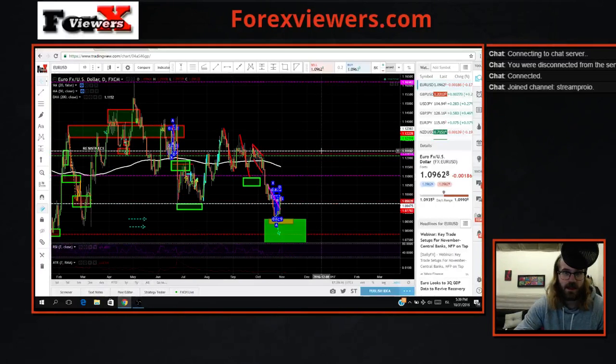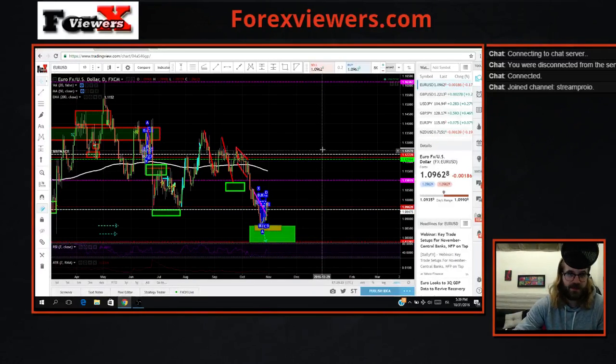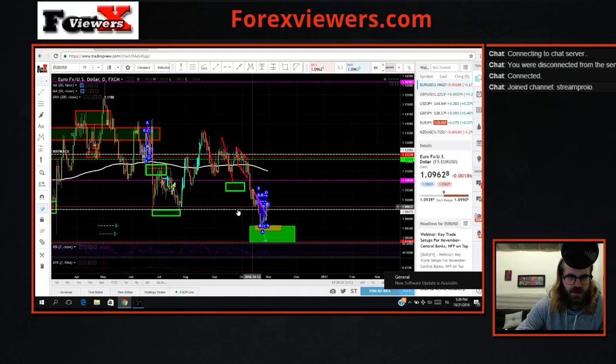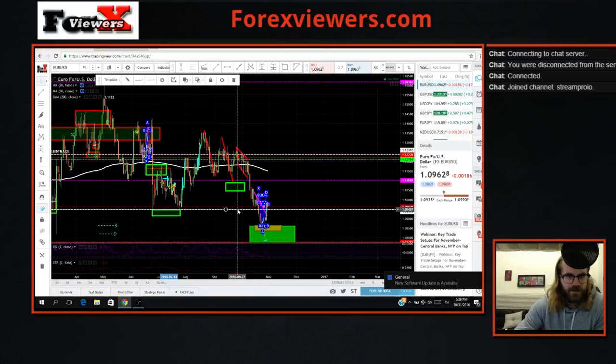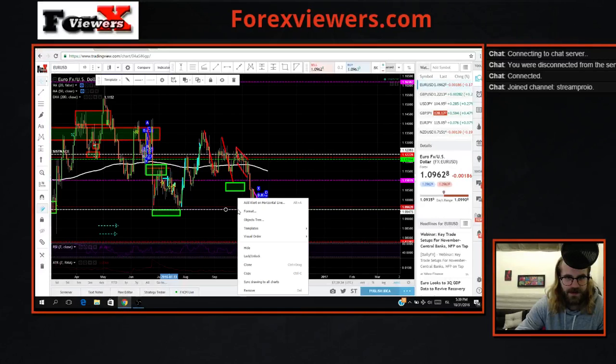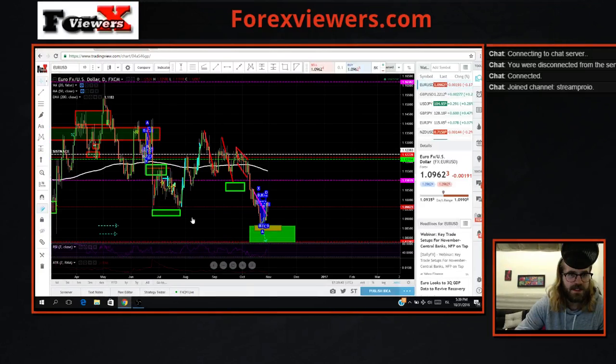So the boxes represent support and resistance structure. I'm going to clear some of these out so we can see it a little better. Let's get rid of this line here. Remove.